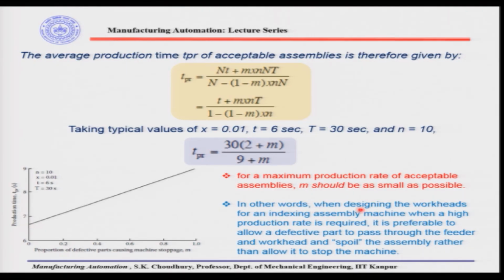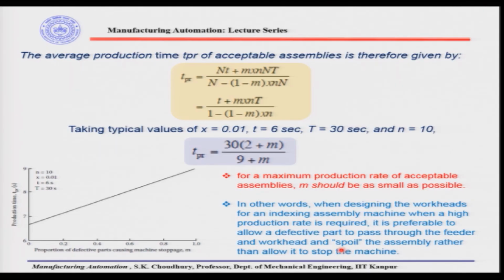In other words, when designing the workheads for an indexing assembly machine, when a high production rate is required, it is preferable to allow a defective part to pass through the feeder and workhead and spoil the assembly, rather than allowing it to stop the machine.